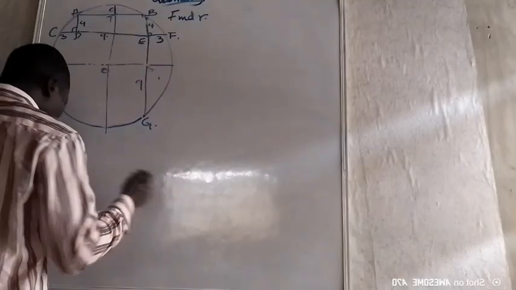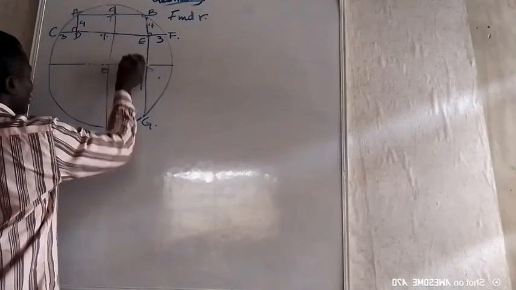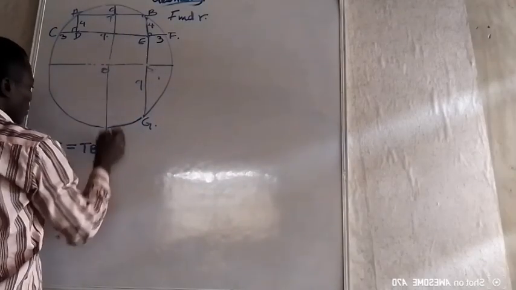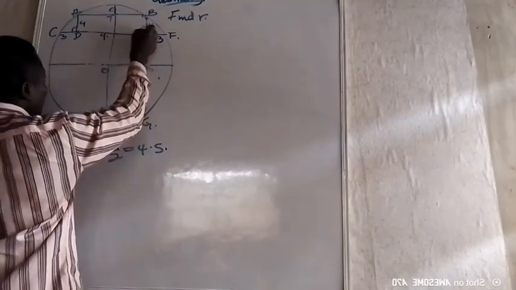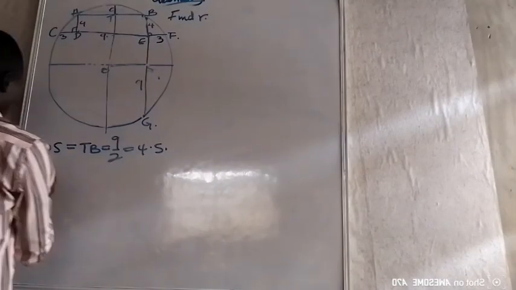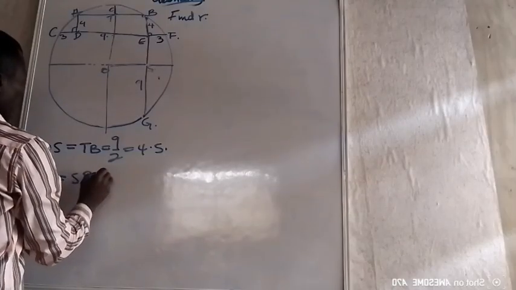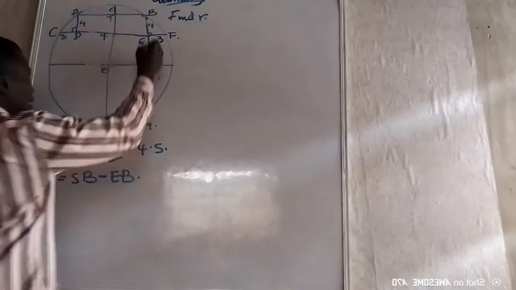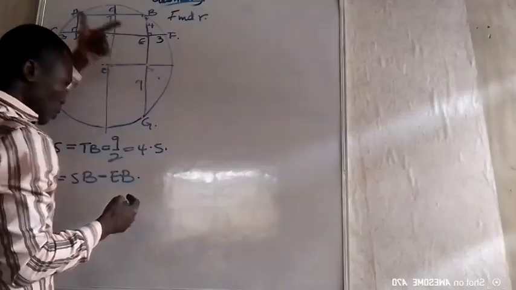Now let's look at it from another perspective. We have been able to establish that OS is equal to CD, which is half of 9, and that is 4.5. Find SE. SE will be equal to SB minus EB. From the diagram, you see that EB is equal to 4. SB is half of the sum of 4 and 9, which is 13 over 2.